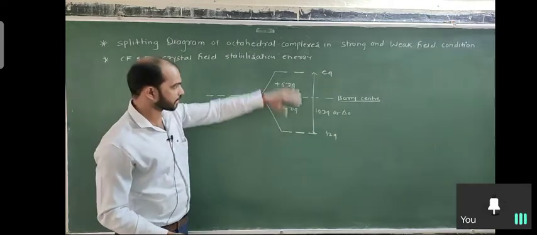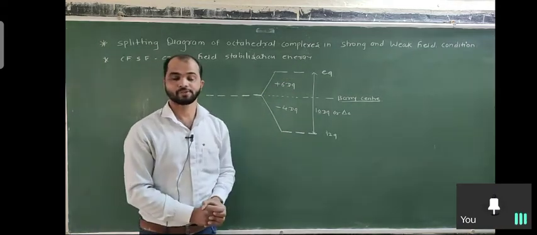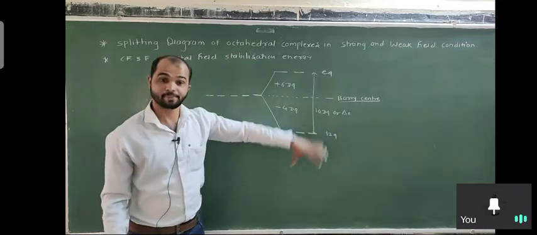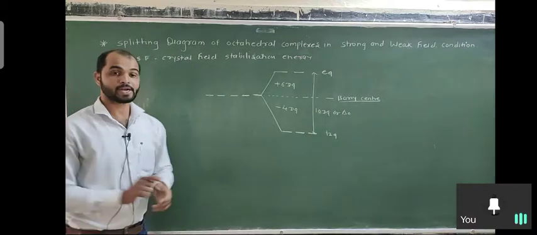So the net result of these two, after the splitting and the distribution of electrons, the energy that remains is the CFSE. So how to calculate CFSE?